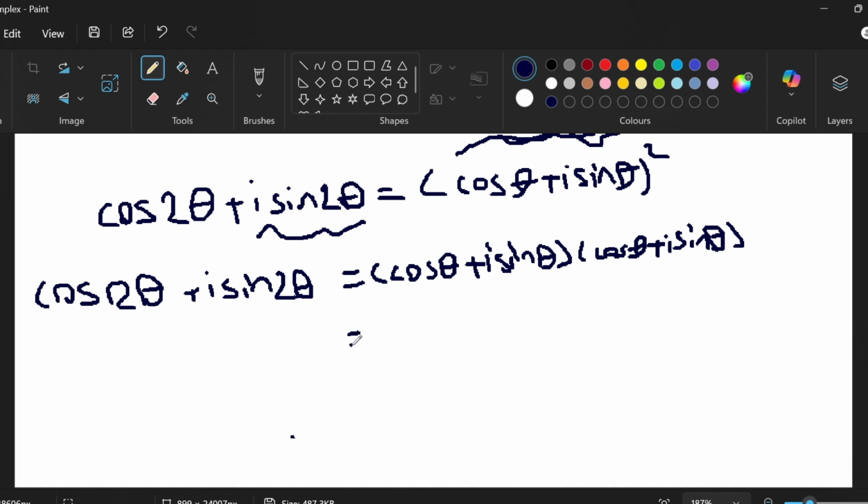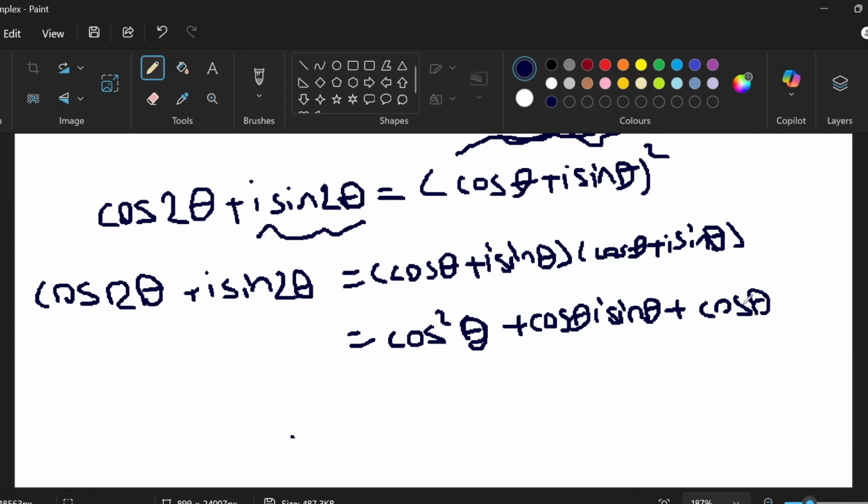And if I expand this, I'm going to have cosine theta times cosine theta, so cos squared theta, and cosine theta times i sine theta. That goes here. Plus i sine theta times cosine theta. That's another one of these terms.